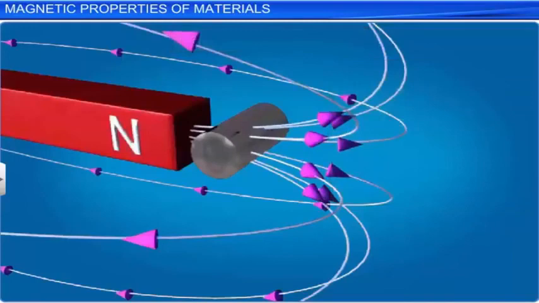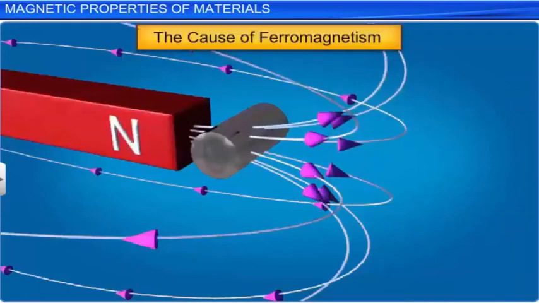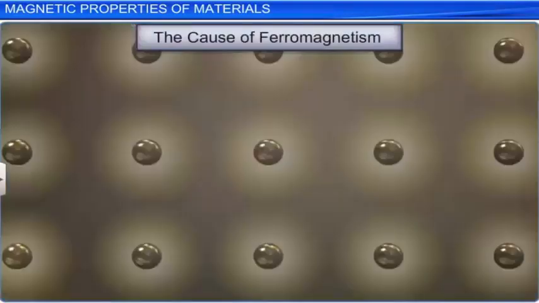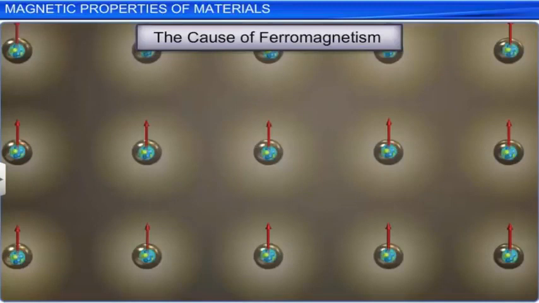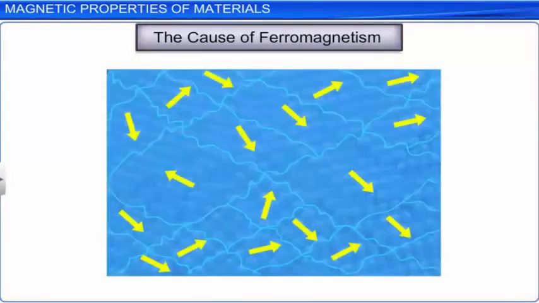Let us discuss the causes of ferromagnetism. Similar to the paramagnetic material, the individual atoms in a ferromagnetic material also possess a permanent magnetic dipole moment due to the orbiting electrons. These individual atoms interact with one another and arrange themselves in a common direction over a volume of some millimeters.